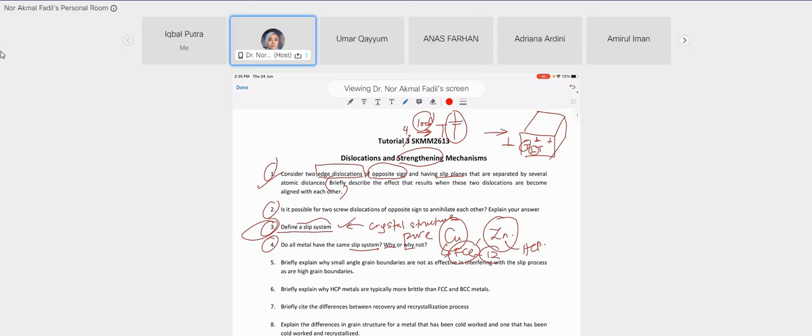And why a larger number gives a specific property, as compared to a lower number in the slip system. For example, HCP has three slip systems, contributed by one slip plane and three slip directions.